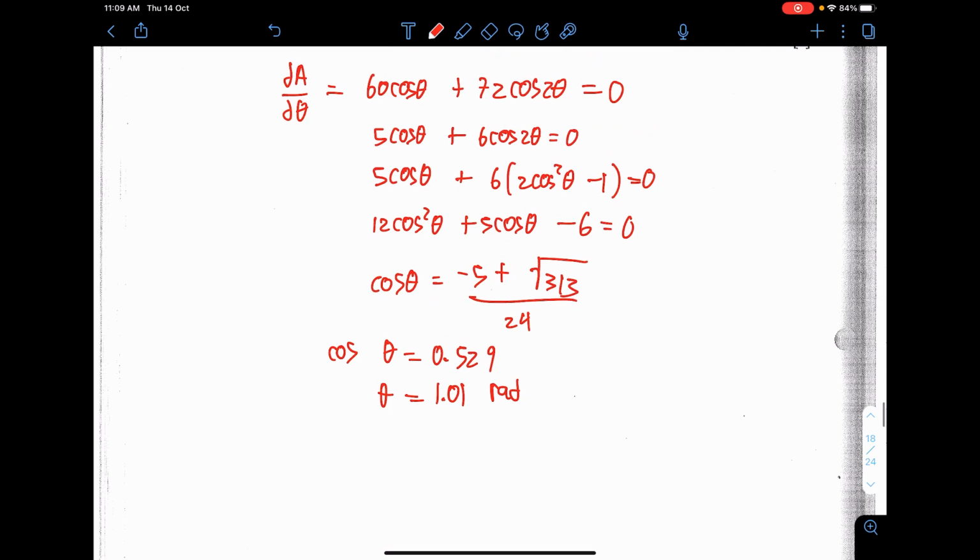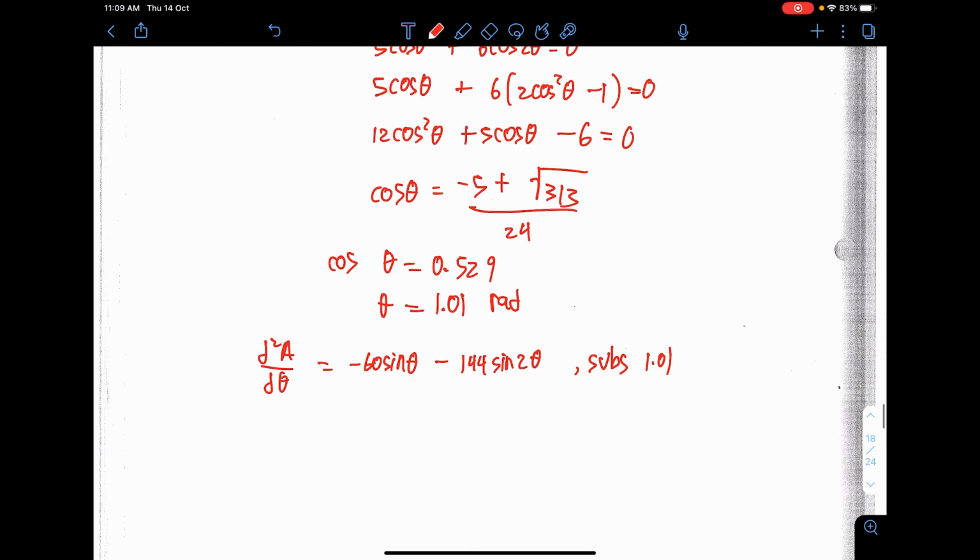Do the first derivative or second derivative, up to you. I'll do the second derivative, I think it's much faster. So I'll differentiate it again. 60 cosine theta becomes negative 60 sine theta, and 72 cosine 2 theta becomes negative 144 sine 2 theta. Sub in 1.01, and this will be a negative number.